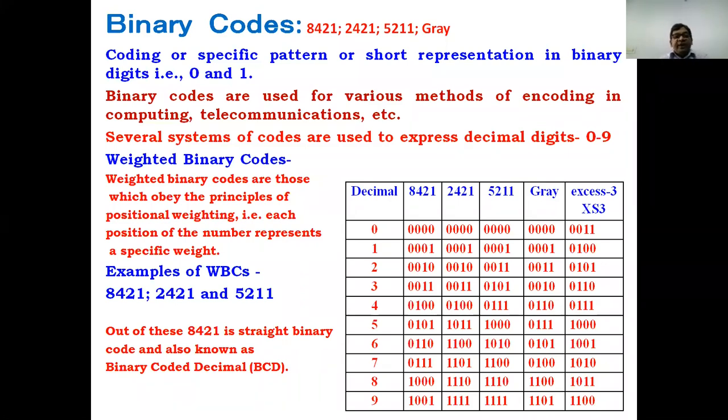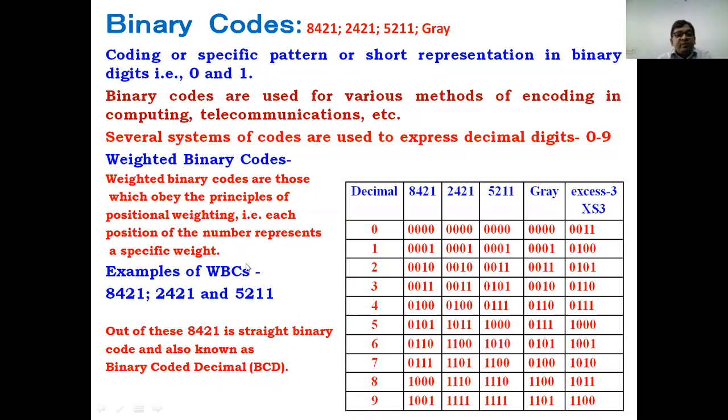Examples of weighted binary codes are 8421, 2421, 5211. Another one is gray code, which is further defined and belongs to the non-weighted codes.